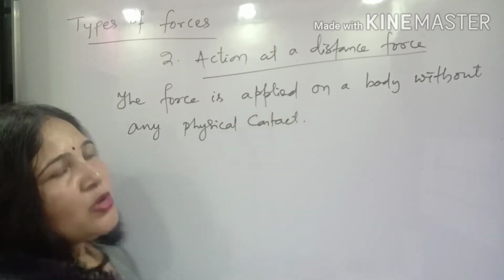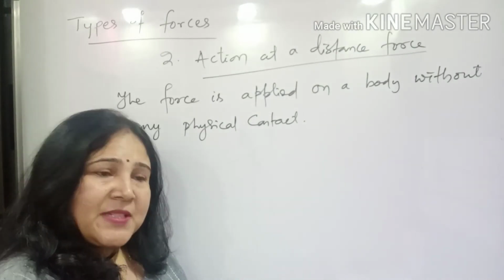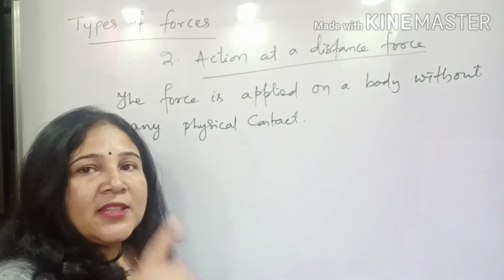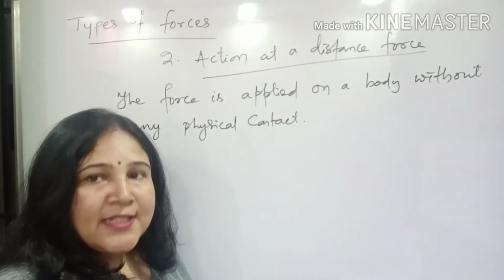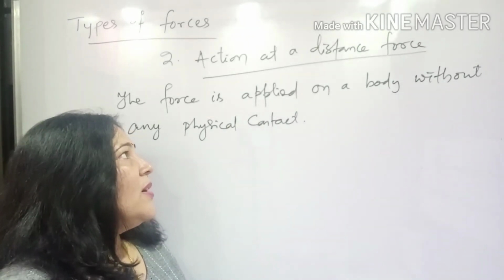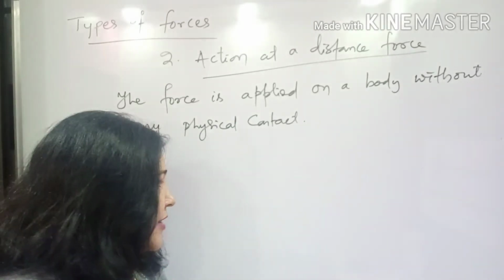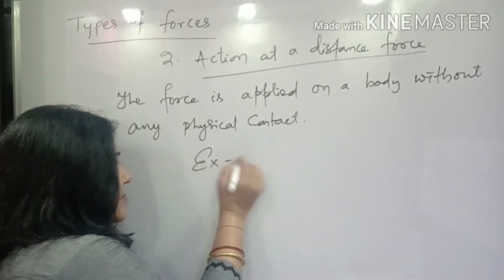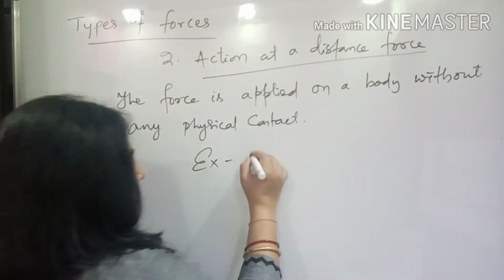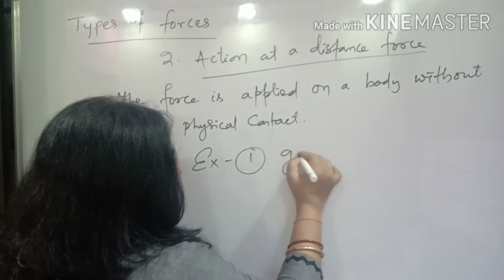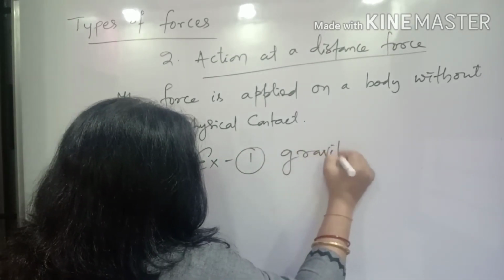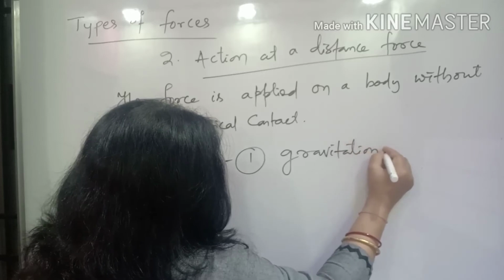If there is no physical contact between the two bodies but still the force can be applied, then this type of force is called action at a distance force, or non-contact force. Under this there are so many examples. One example is gravitational force.